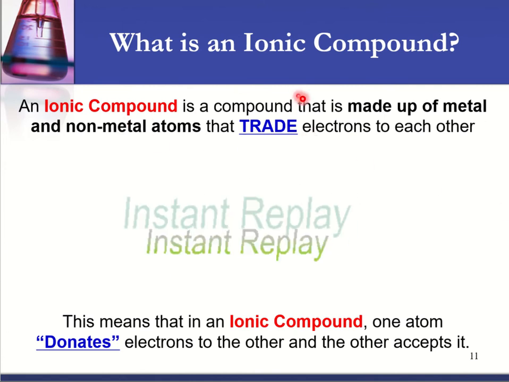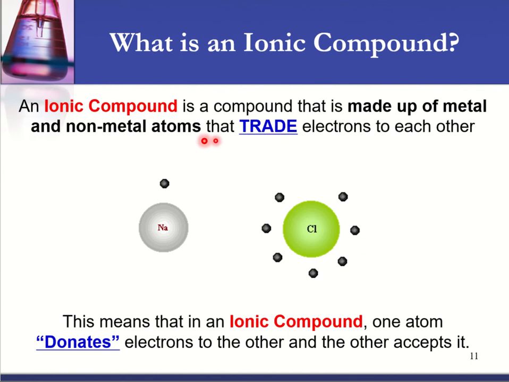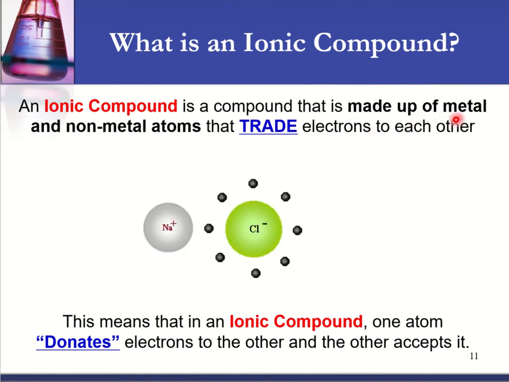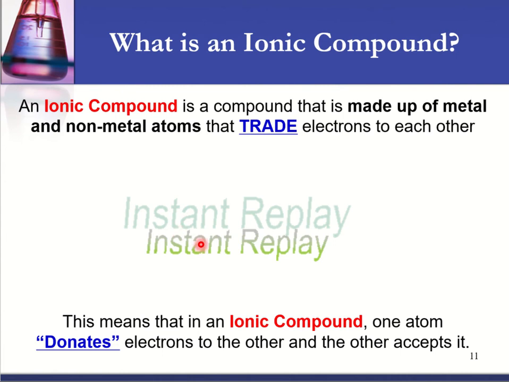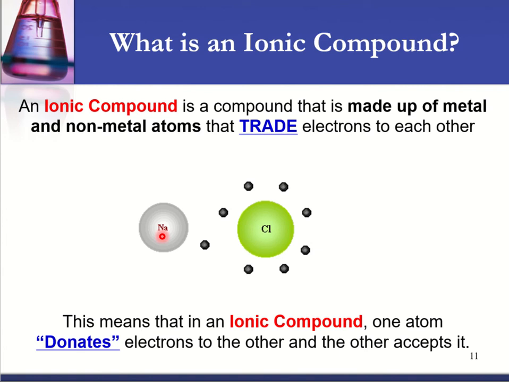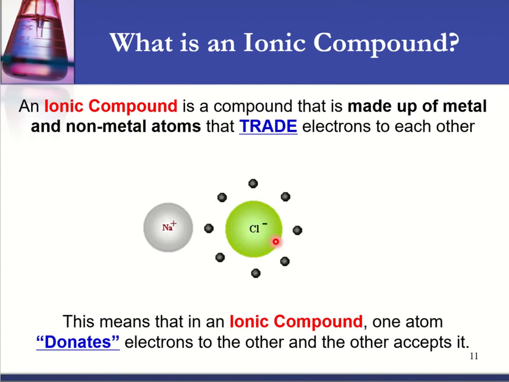So this is what's actually happening with an ionic compound. An ionic compound occurs when there is a trade of valence electrons between the metal and the non-metal. You can see the sodium has one electron and it gives it to the chlorine atom. Once that happens, one becomes more positive, one becomes more negative.